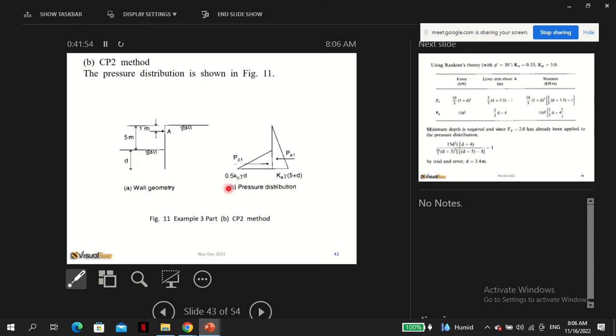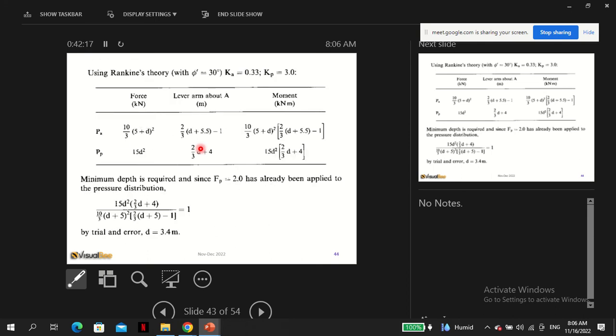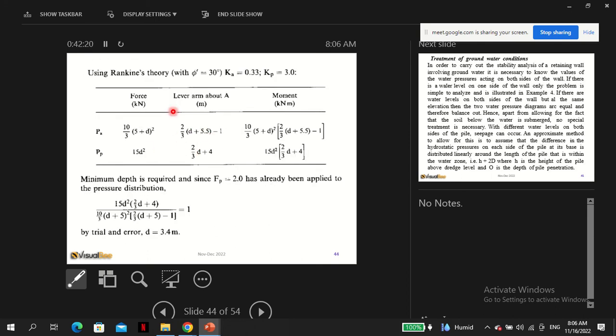If we took moments at the bottom, then that was 5 plus d naught, or d over 3. But you can see we are taking moments here. So from this end, the distance is 2/3. So this is why the arm is 2/3, of course, minus 1. And you can do this manipulation.